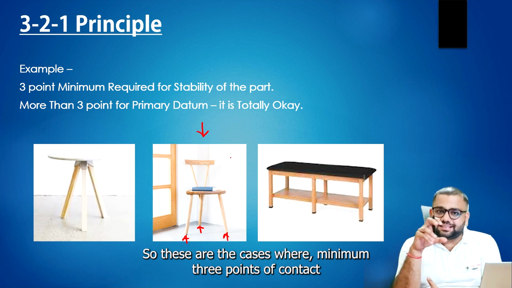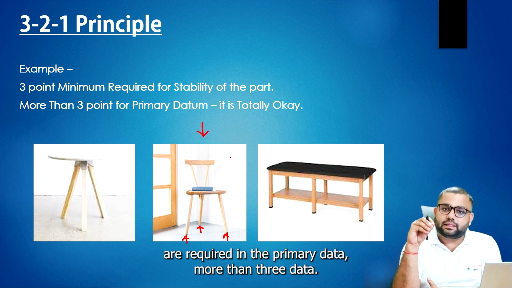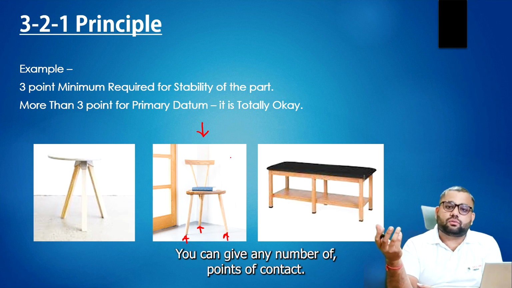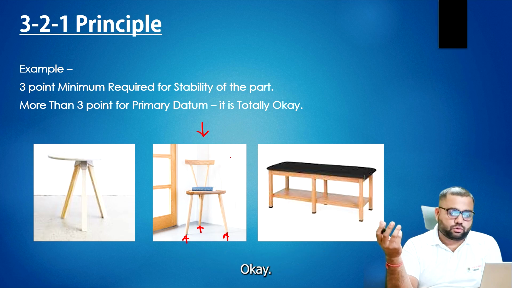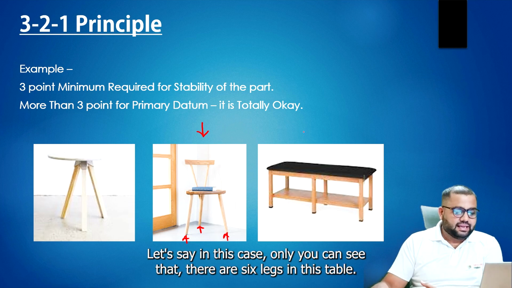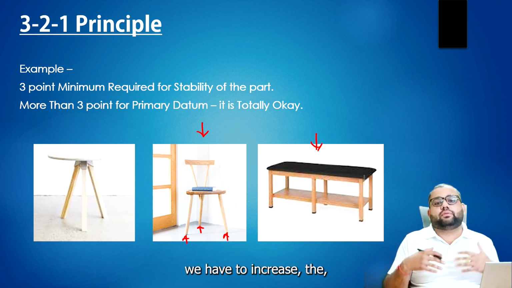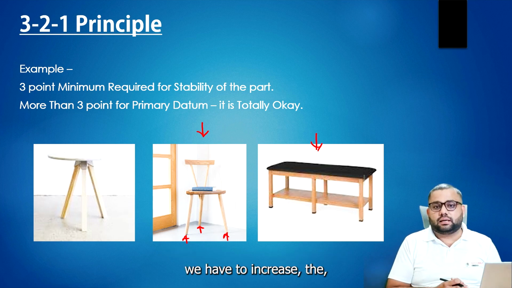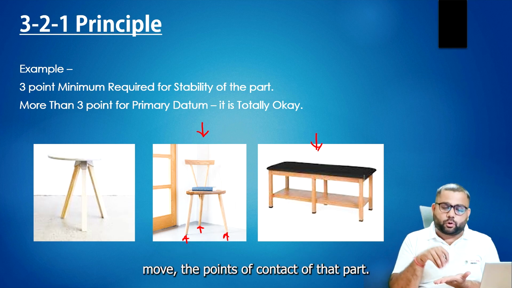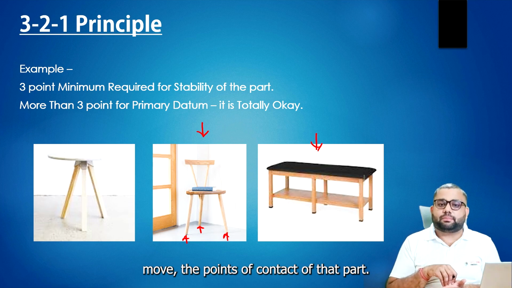So these are the cases where a minimum of 3 points of contact are required in the primary datum. More than three, you can give any number of points of contact. Let's say in this case you can see that there are six legs in this table. If the length is much bigger, then we have to increase the points of contact of that part.